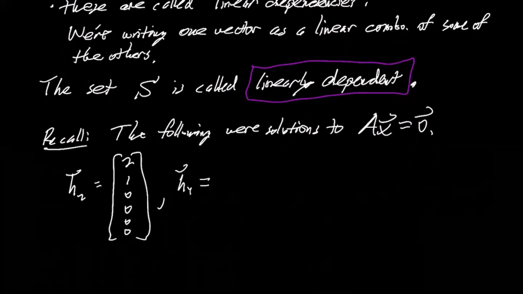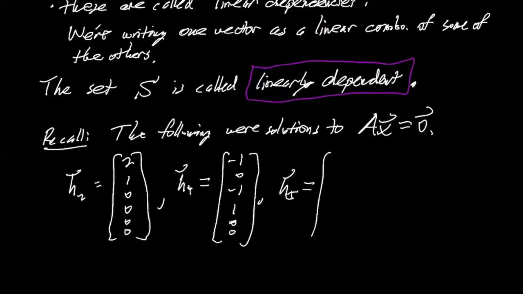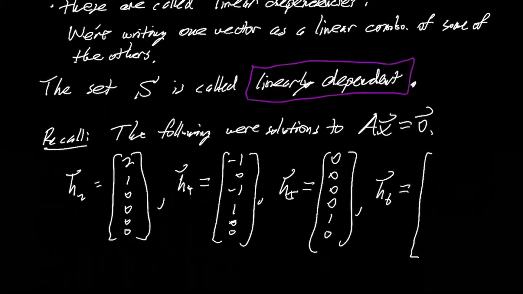H4 was the vector -1, 0, -1, 1, 0, 0. H5 was the vector 0, 0, 0, 0, 1, 0, and H6 was 1, 0, -1, 0, 0, 1.